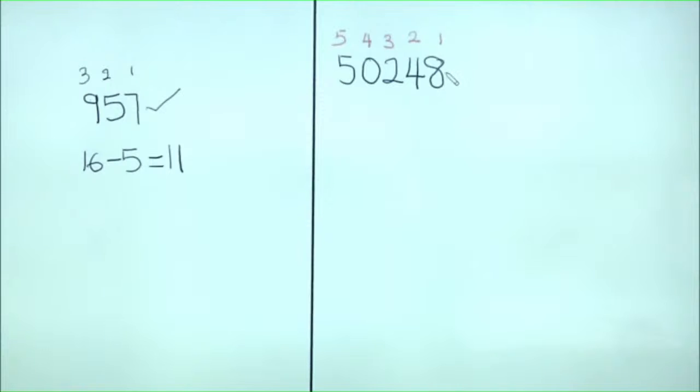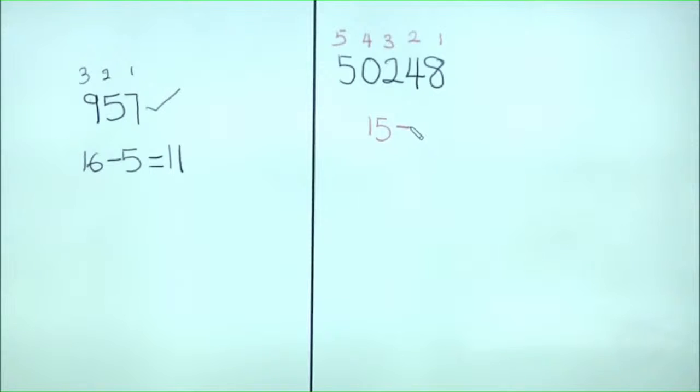So what are they? We have 8, 2, and then 5. They are the digits at the odd places. So 5 plus 2 is 7. 7 plus 8 is 15. So let's write the 15 here.